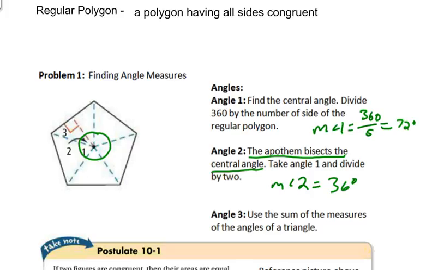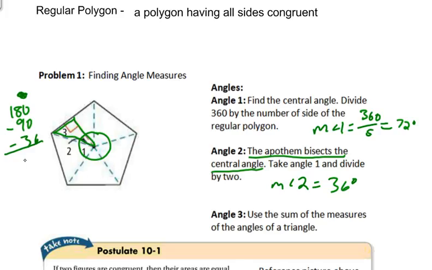And finally, the measure of angle 3 uses the measures of the angles of a triangle. If you look at this right triangle, you can look at this whole triangle since it doesn't really matter, but we'll look at this right triangle. We have a 180-degree triangle minus 90 degrees and minus 36 degrees.